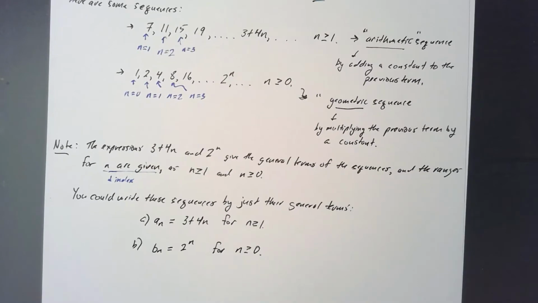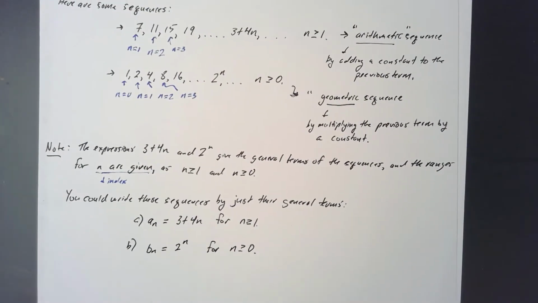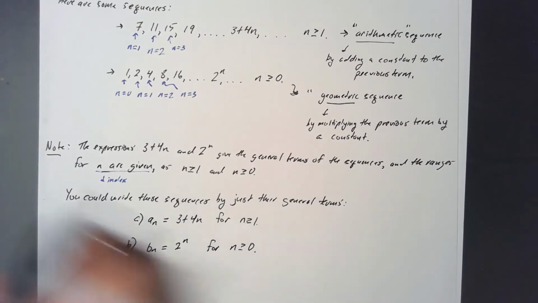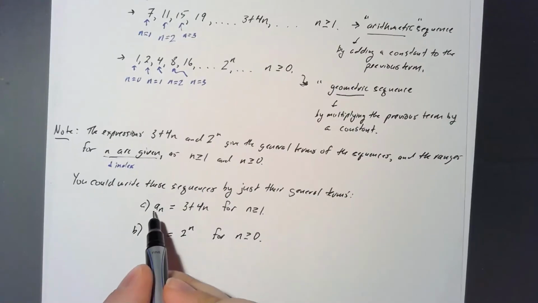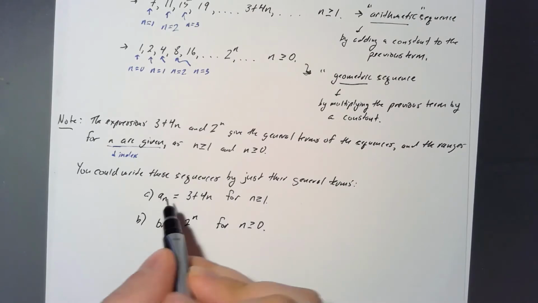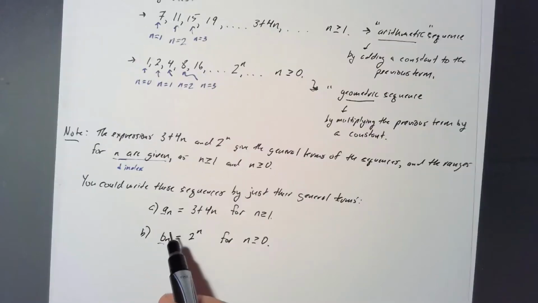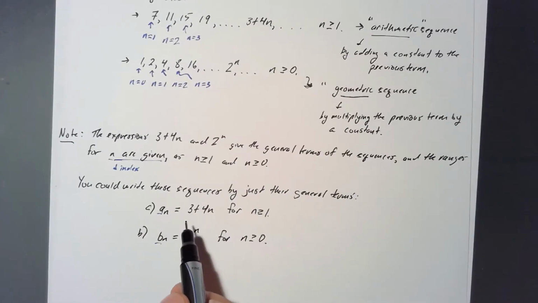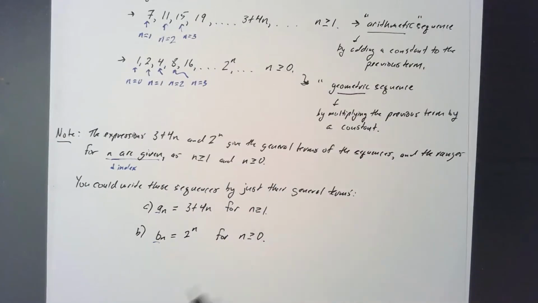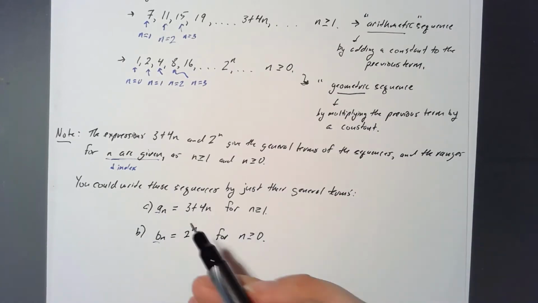The fact that I'm using A and B here is not very important. Those are just the names, the particular name of the sequence. They're just dummy variables, basically just placeholders, really.